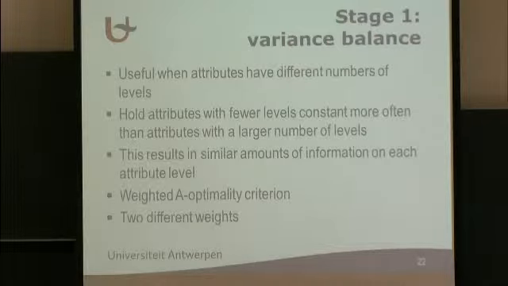How did we do that technically? Well, technically, we used a sort of weighted optimality criterion for the model that's behind balanced incomplete block designs to figure out what attributes we have to hold constant in every choice set.